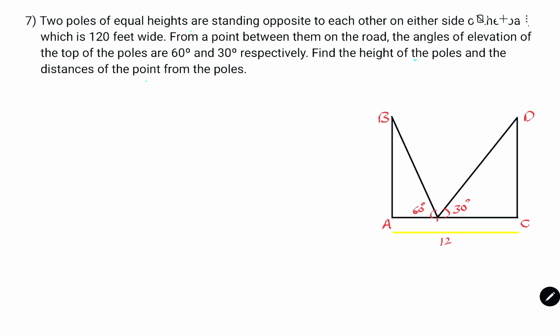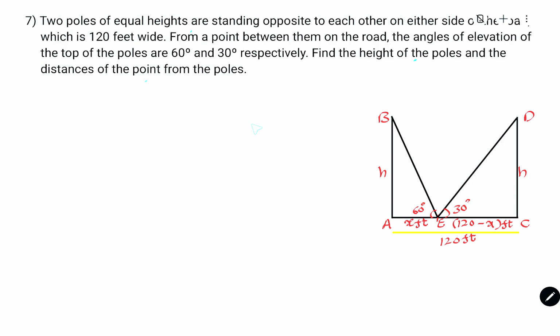Length is 120 feet wide. We assume length of the pole is H. Both are equal, so here H. Now keep this point name as E. Here AE length is, we assume x feet. Then EC length will be 120 minus x feet.